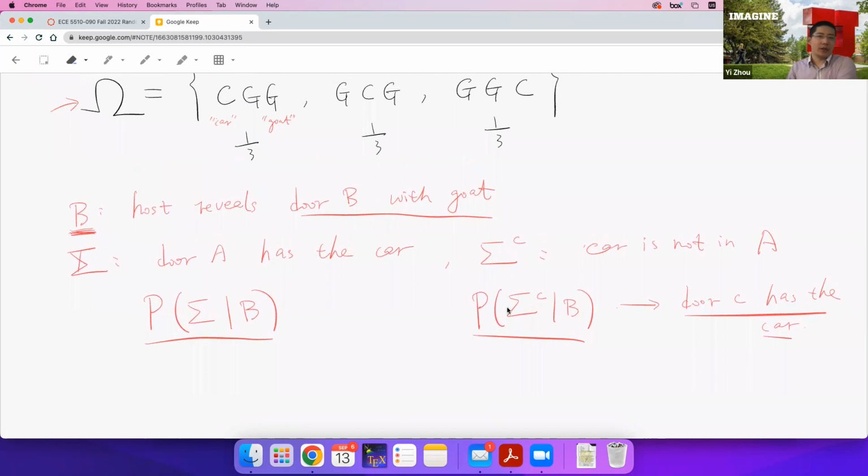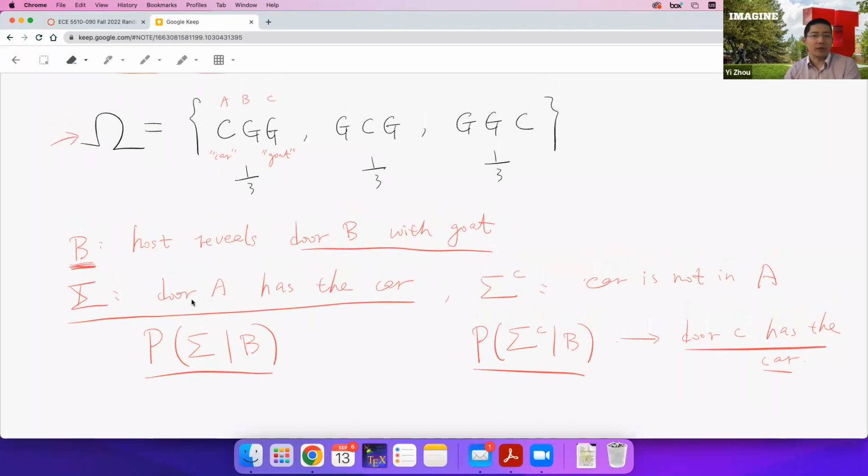And this is where we need to use the Bayes rule, because event B is the event of interest, but if you look at event sigma, naturally it is one of the partitions of omega, because sigma says door A has the car. The entire omega space can be partitioned into these three events.